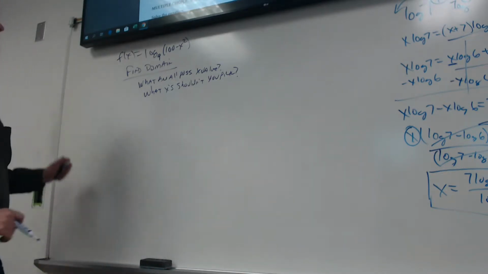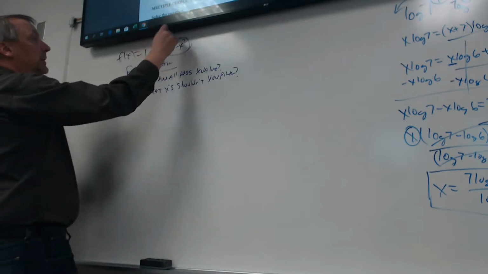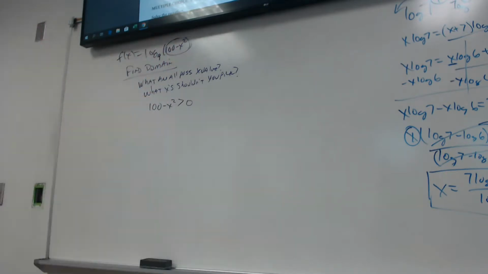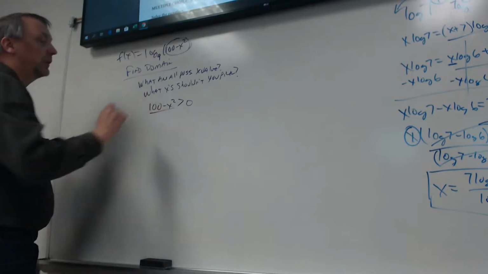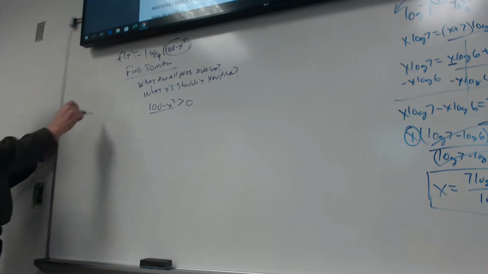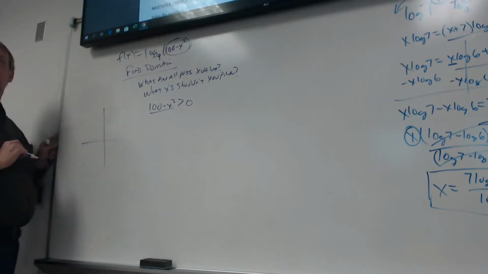0 or negative numbers. So let's take this piece here. 100 minus x squared must be positive, so we'll use inequalities, but we should get there. What does this look like if you were to graph just that? It's like a parabola. Yeah, it's a downward parabola.